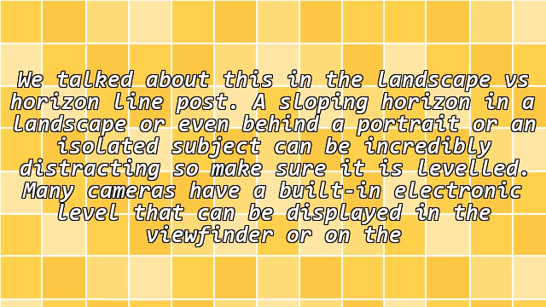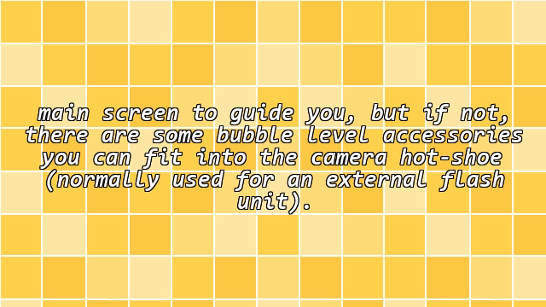7. Sloping horizons. We talked about this in the landscape versus horizon line post. A sloping horizon in a landscape, or even behind a portrait or an isolated subject, can be incredibly distracting, so make sure it is leveled. Many cameras have a built-in electronic level that can be displayed in the viewfinder or on the main screen to guide you, but if not, there are some bubble level accessories you can fit into the camera hot shoe you normally use for an external flash unit.